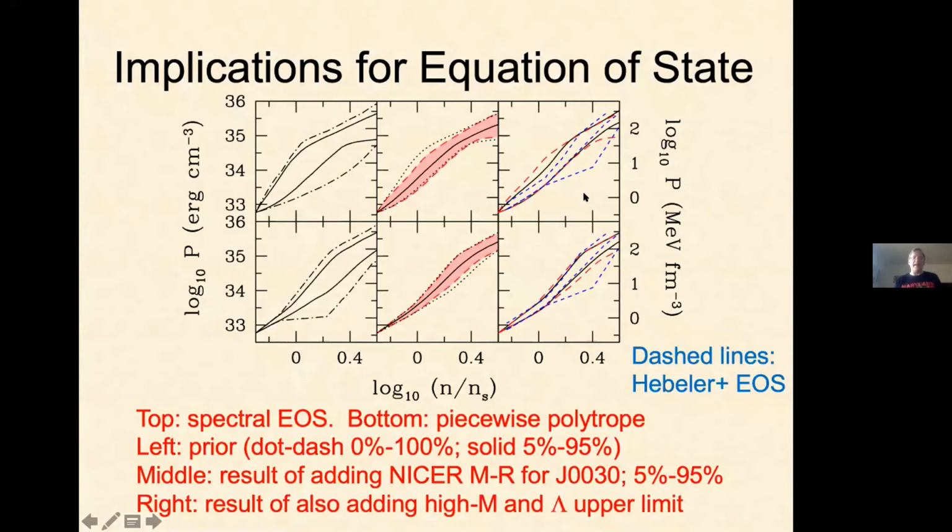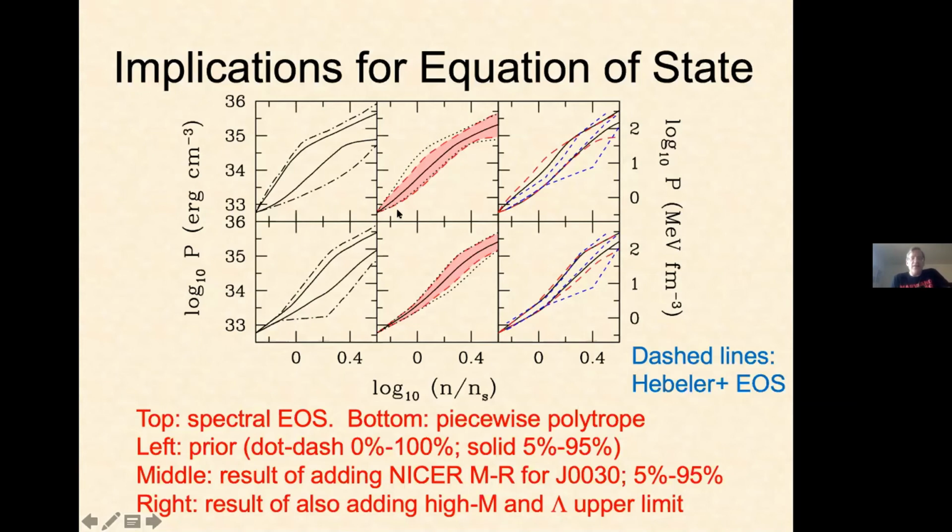So they're the same basic idea. And the left panel, we see the prior. The dot-dash lines are the full range, 0 to 100% in each number density, and the solid lines are the 5th to 95th percentile. The middle panel shows what happens if we add the NICER data.